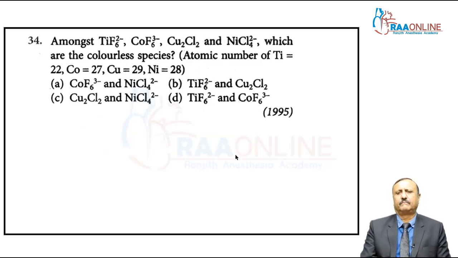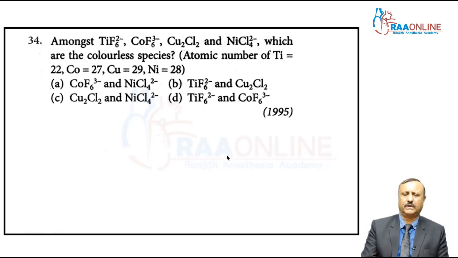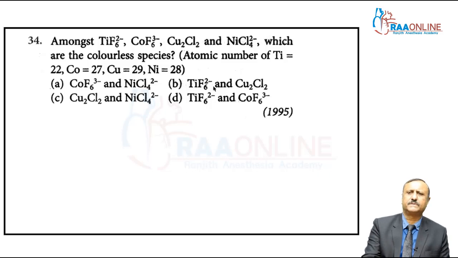My dear students, when we see question number 34, among TiF6, CuF6 minus 3, Cu2Cl2 and NiCl4 minus 2, which are the colorless species? Here you can see that in Cu2Cl2 the plus 1 oxidation state is present.